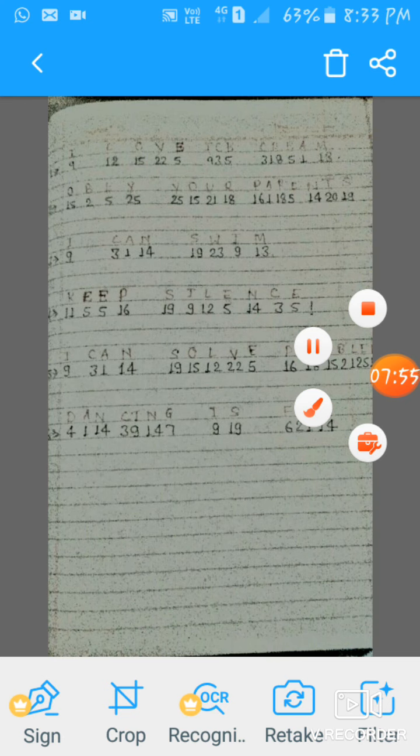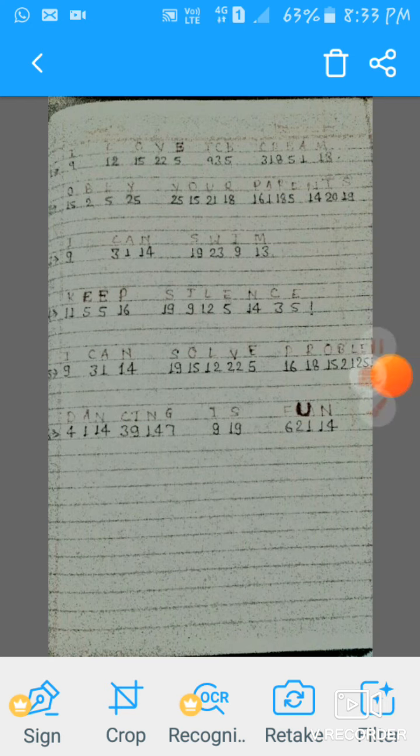A, B, C, D, E, F, G, H, I. Ninth, I comes on the ninth number. Okay. So I. Okay. Now 12th. Just like that you will do. Okay. The 12th number is L. Okay. L is on the 12th number. Okay.